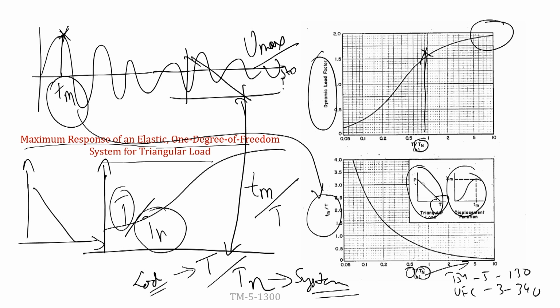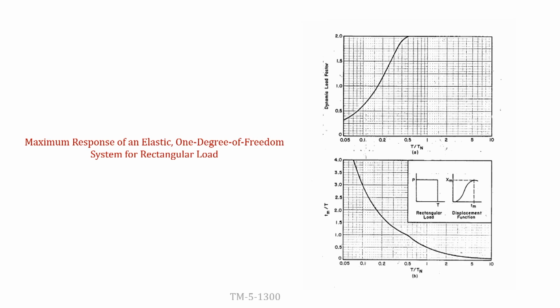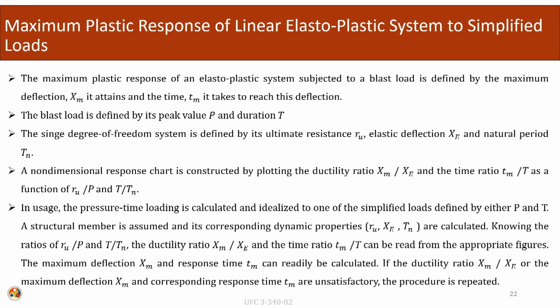We know the value of UST, that is P star over K star, so we can calculate the absolute Umax. Similarly, I can calculate the time t at which the maximum value is attained. Similarly, for a rectangular loading, the same quantities can be calculated. For different cases, these different quantities can be calculated.